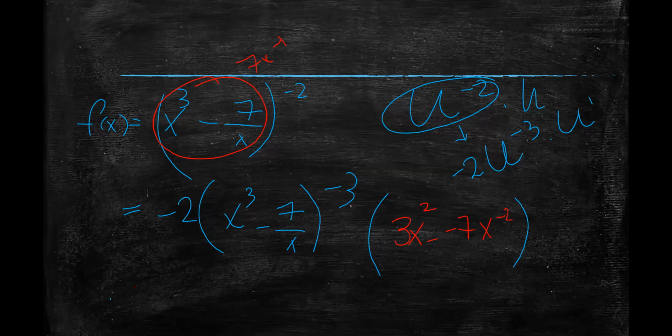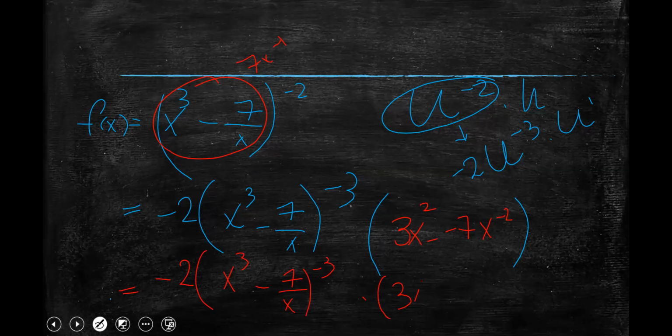So I can write it now as negative 2 times (x cubed minus 7 over x) raised to the power negative 3 times (3x squared plus 7 over x squared). Is it clear? Yes, teacher.